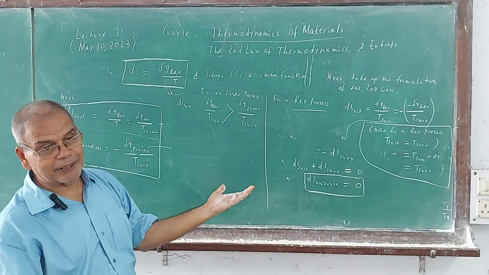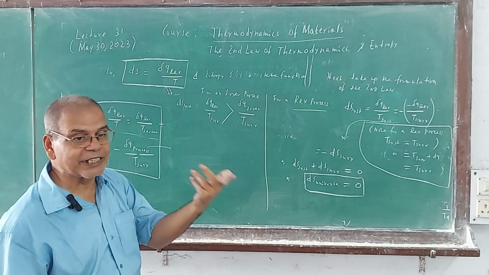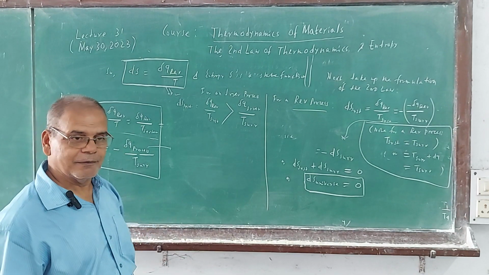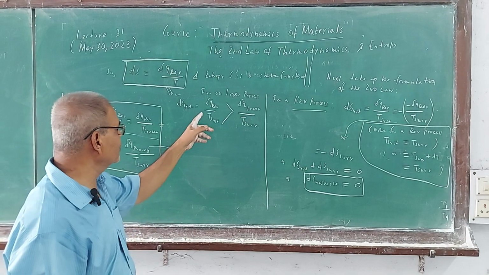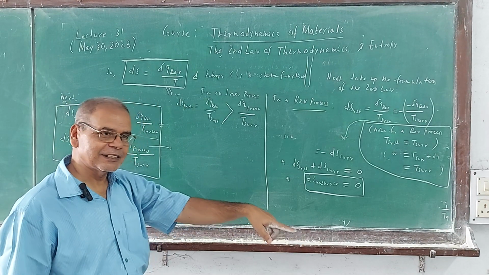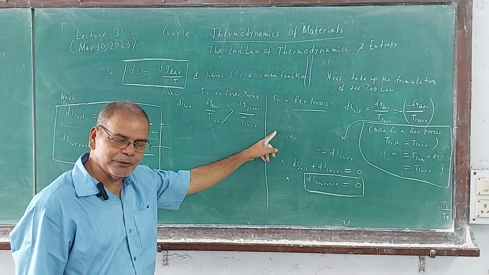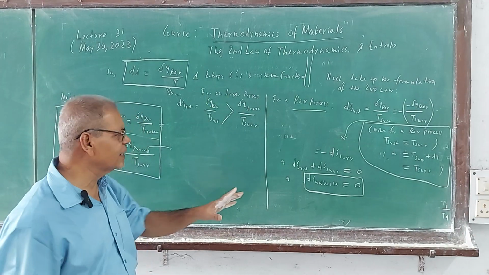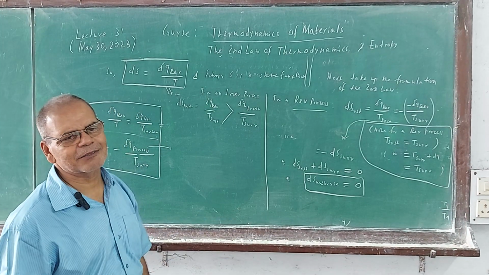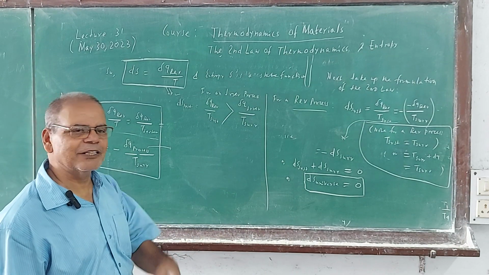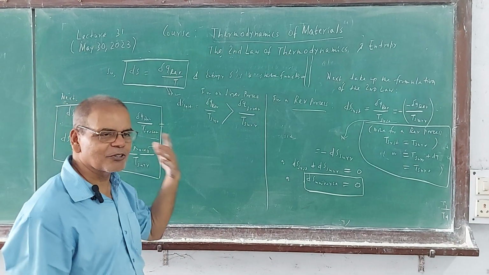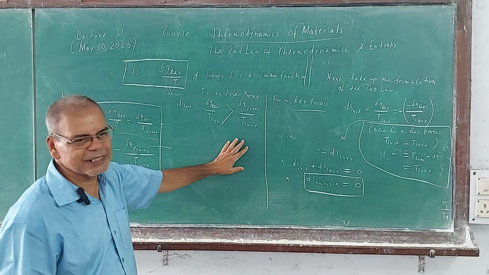So dQ reversible is greater than dQ irreversible, because internal energy change is the same for 1 to 2. So dW reversible is greater than dW irreversible in isothermal gas expansion. So it is clear. Similarly, constant pressure you can consider, constant volume you can consider, but this is a general thing.